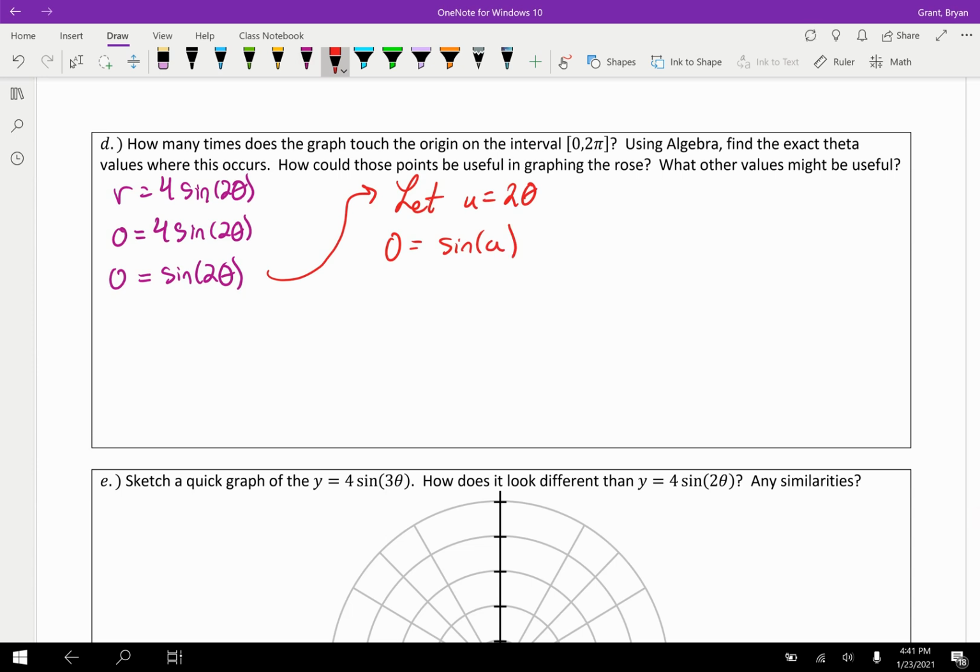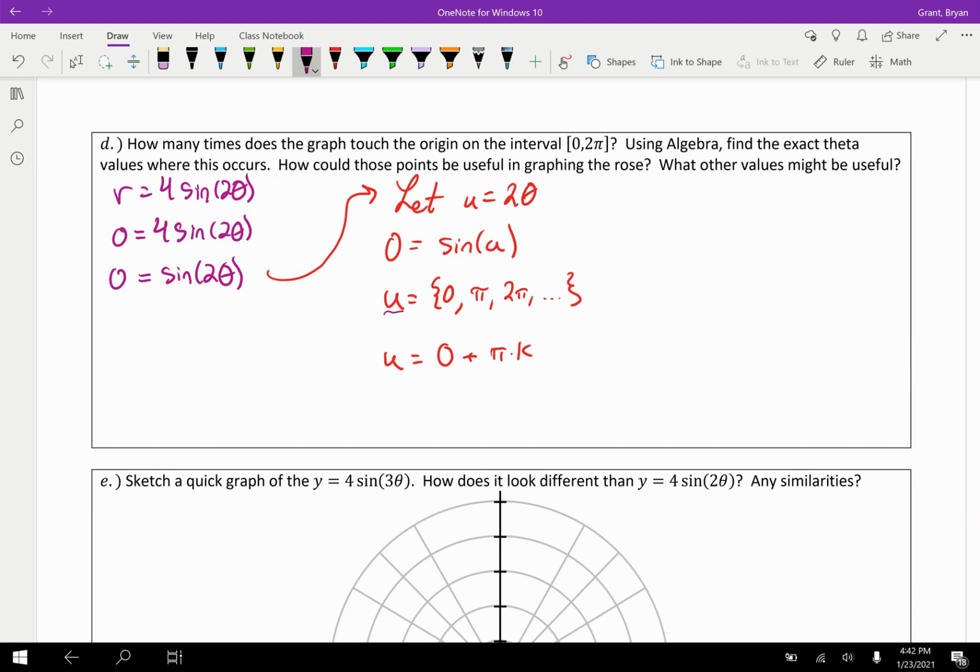Sine of what is 0? Well, let's start listing some solutions. We get first sine of 0 is 0, sine of pi is 0, 2 pi, and so on and so forth. So we could probably say that u is going to be 0 plus pi k, right? Multiples of pi to move us on up. That looks pretty good there. But of course, we weren't trying to solve sine of u, we were trying to solve sine of 2 theta.